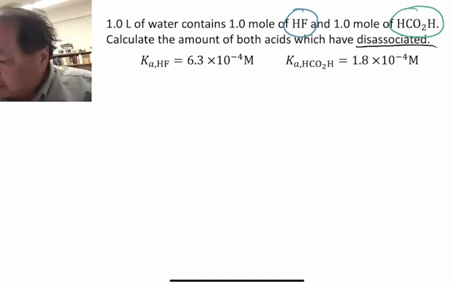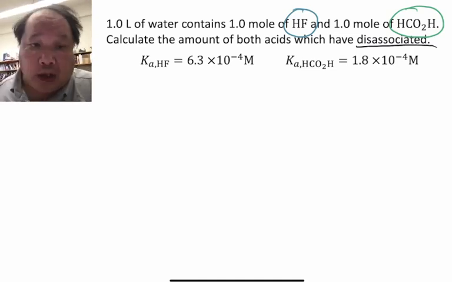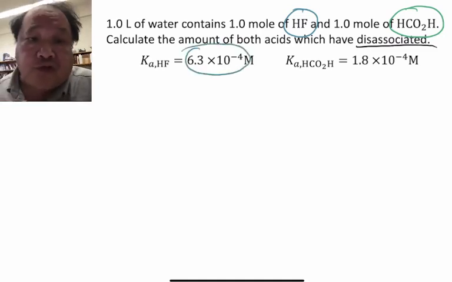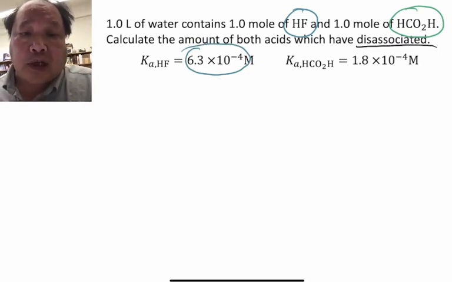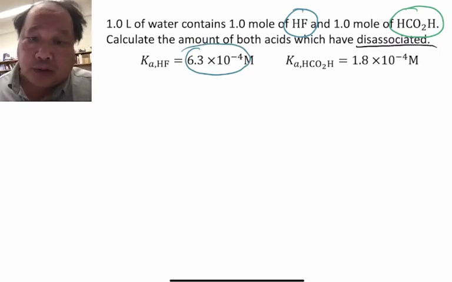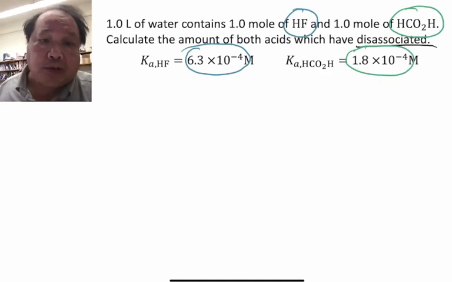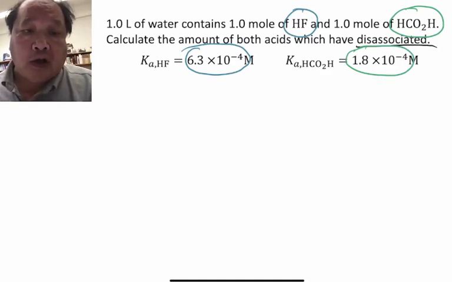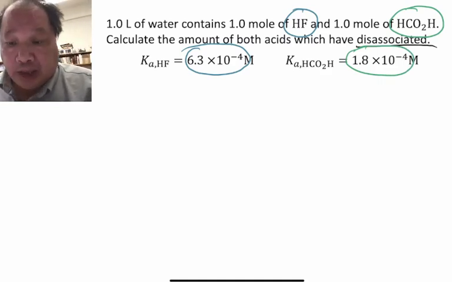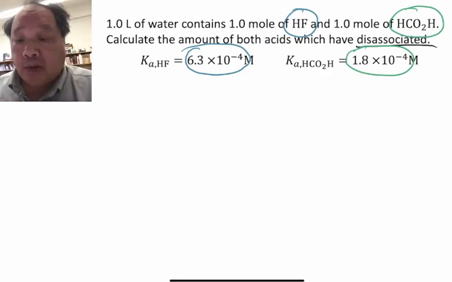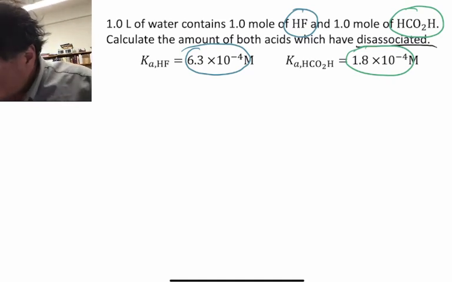But the difference now is that while the Ka of HF is unchanged, 6.3 times 10 to the minus 4, formic acid, HCO2H, is only slightly weaker. It's 1.8 times 10 to the minus 4. It's only half an order of magnitude smaller than that of HF. And that means that when we set up the ICE problem, we're going to have to consider both reactions at the same time.